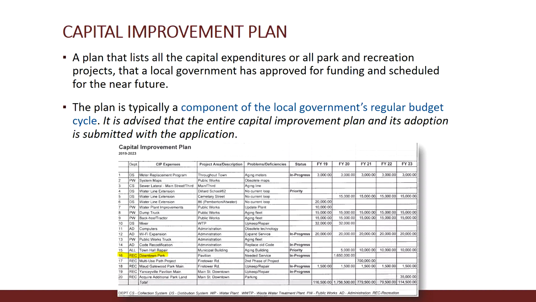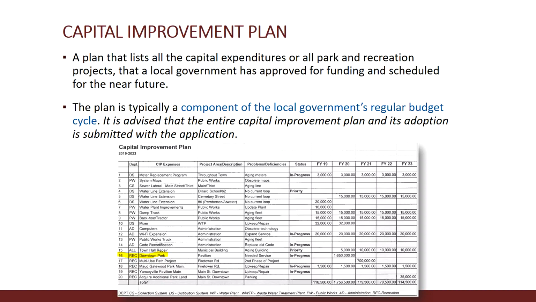Capital improvement plans, not every local government has one of these, but it's a plan that lists all capital expenditures that a local government has approved for funding and scheduled in the near future. So we're looking at that. Is it scheduled? Is it included? It's typically a component of the regular budget cycle.